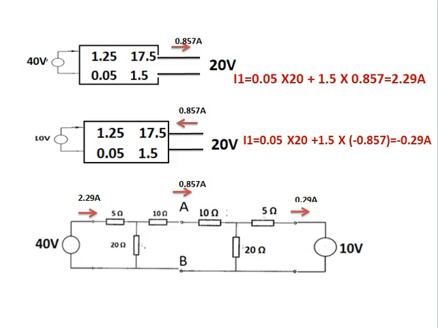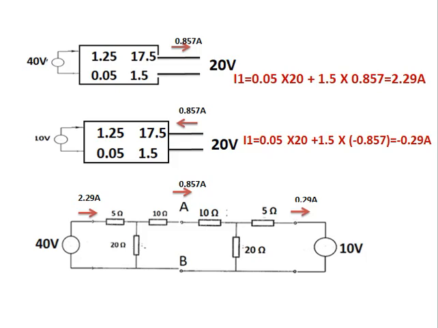40 volt side, output current is 0.857 ampere. Output terminal voltage is 20 volt. So I1 is equal to 0.05 into 20 plus 1.5 into 0.857, equal to 2.29 ampere. That is, current from 40 volt is 2.29 ampere.